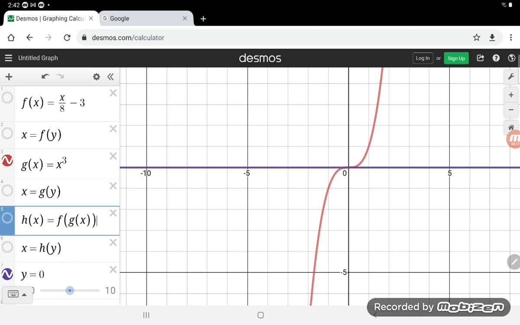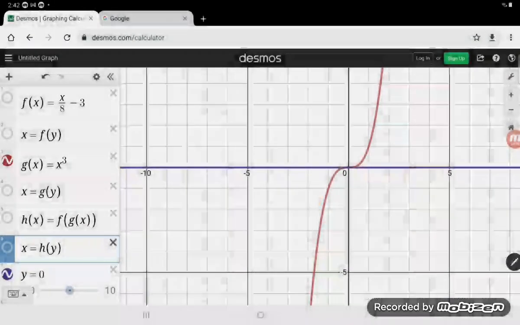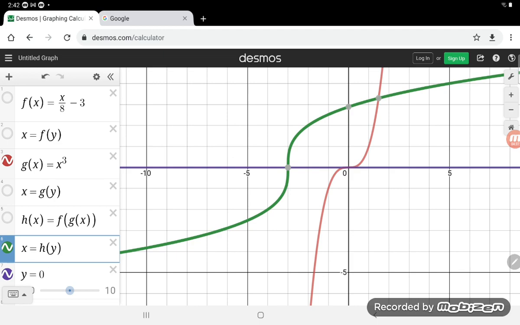But I could also plot the function f of g of x, in which case its inverse function is g inverse of f inverse of x, again, the opposite order. And then I could do x equals h of y, and there is my inverse function of f of g of x. And notice y equals 0 here is at -3.